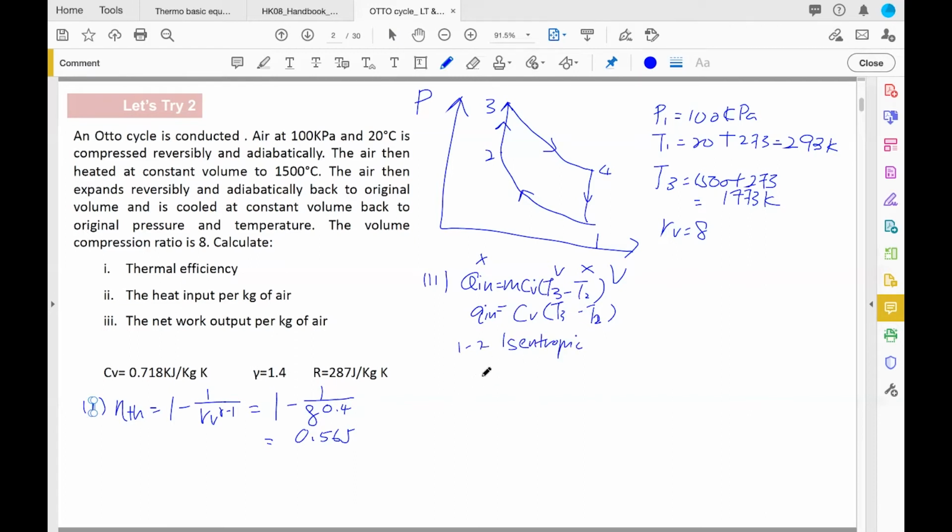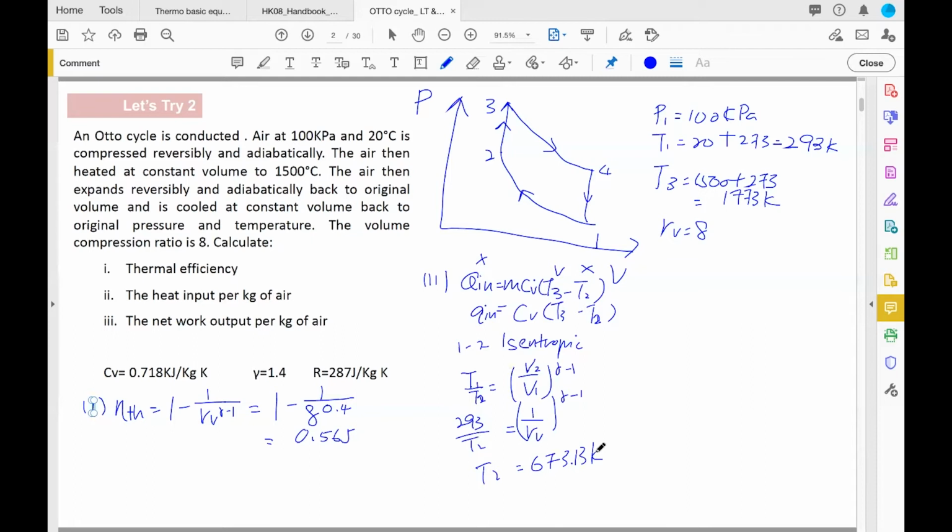So we know that T2 over T1 equals (V1 over V2) to the power of gamma minus 1. Also, I can reverse it: it becomes 1 over rV to the power of minus (gamma minus 1). T1 is given, 293. You know the rV. So therefore, your T2 is 673.13 Kelvin.